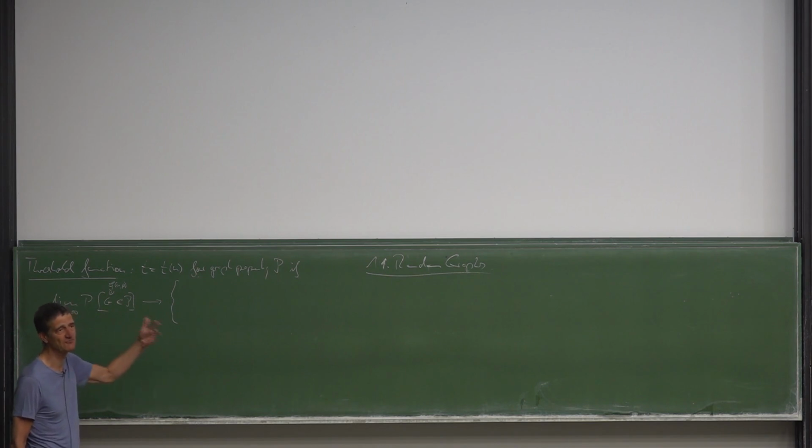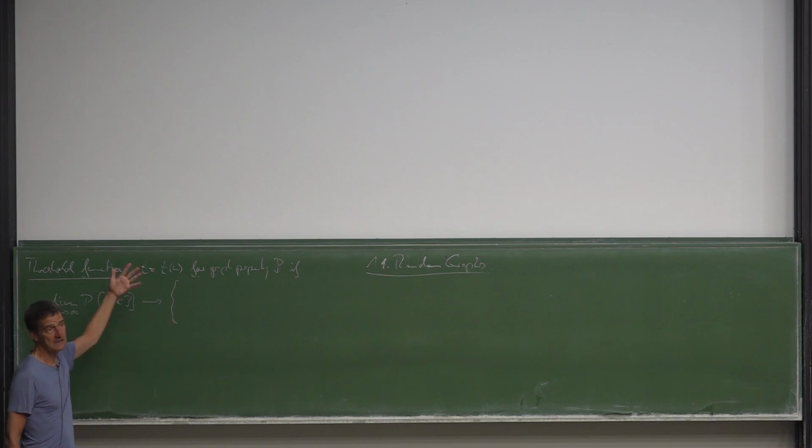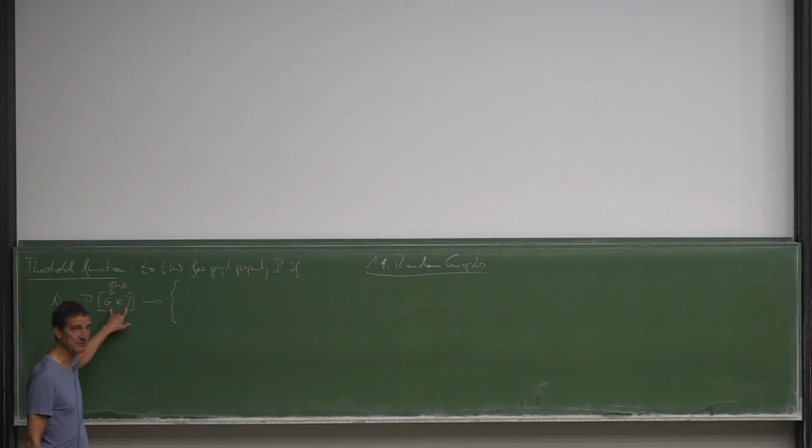I always speak about growth, even though 1 over n isn't really growing very fast. So decays faster is the same as grows more slowly. And if the probability grows faster than T, or decays less fast than T does, then the probability that G has this property should tend to 1.